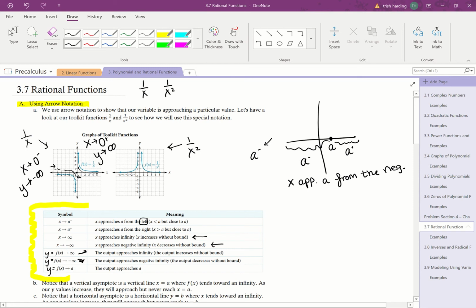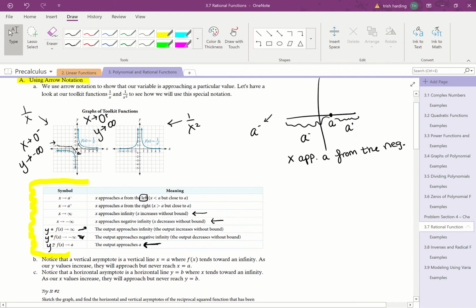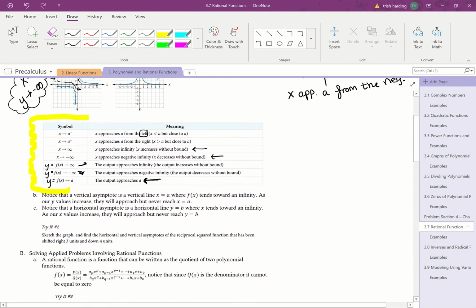And here they would be approaching a. And this is special. You will go over that a little later, but do keep in mind that you can get two different approaching values depending on which side you're coming from. That's important.